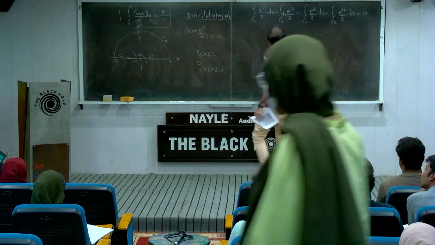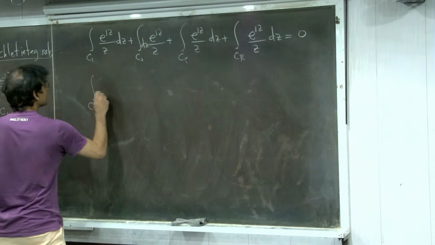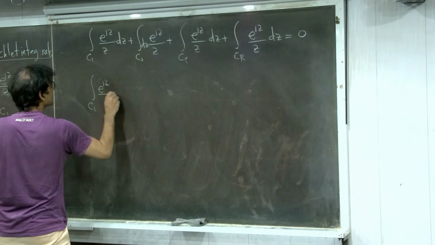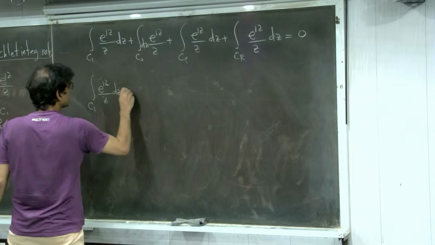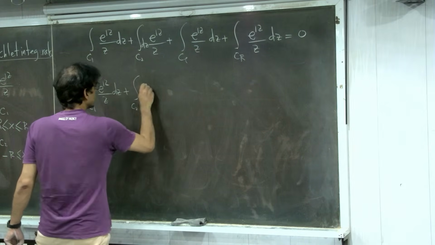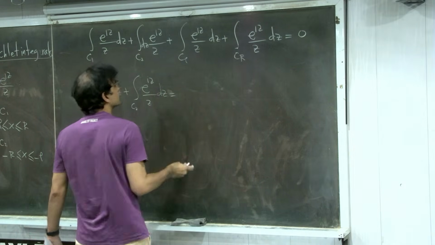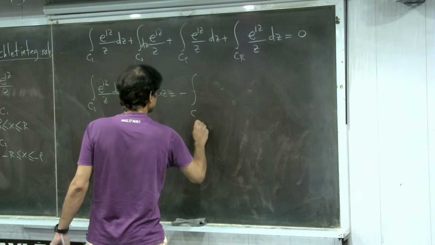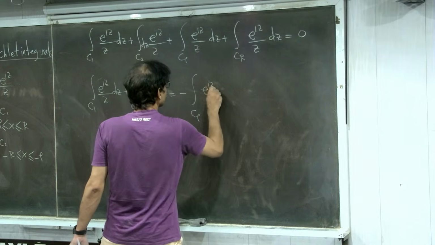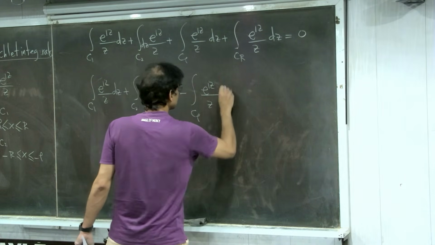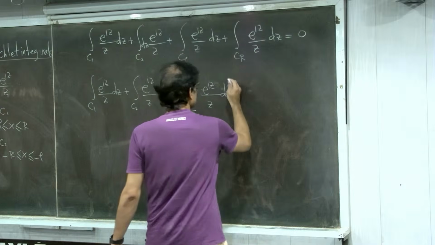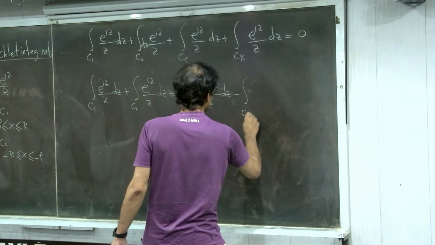And you can see that now, the integral over C1 of e to the power iota z over z dz plus over C2 of e to the power iota z over z is equal to minus the integral over C rho of e to the power iota z over z dz, plus, not plus but minus, CR.